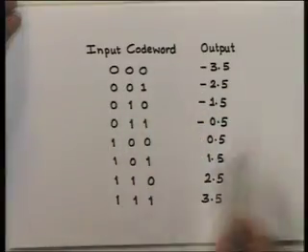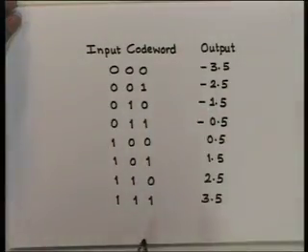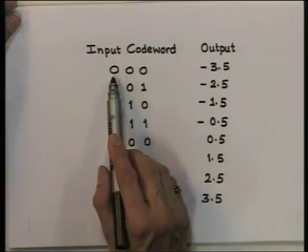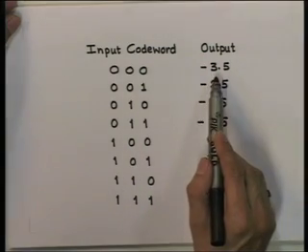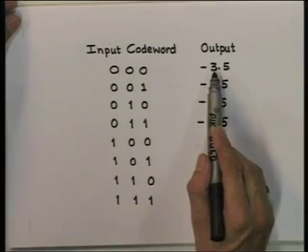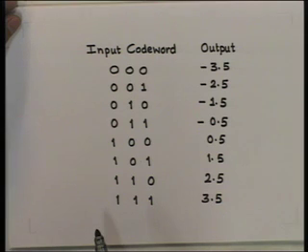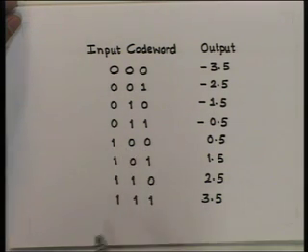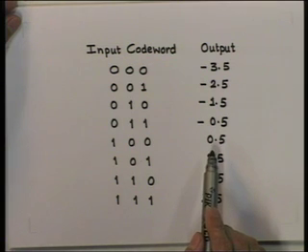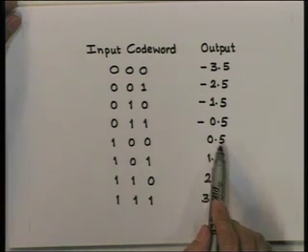A decoder mapping corresponding to the 3-bit encoder discussed earlier is shown here. For the input code word 000, the output reconstructed value is -3.5, and for the input code word 100, the output of the decoder is 0.5.